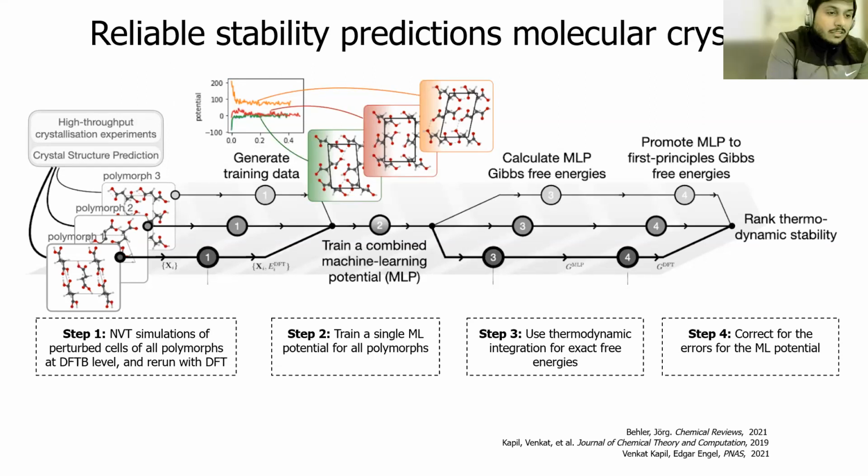So in that case, I would say there are things to be done in terms of how you generate your training data for an extremely complicated molecule, and do you really have to perform DFT calculations for such large, complicated systems, or is there a way in which you can build these models at a lower level of theory and then improve them with some high level calculations and so on? So these could be some of the limitations here.